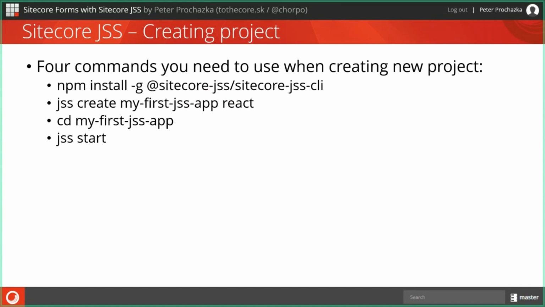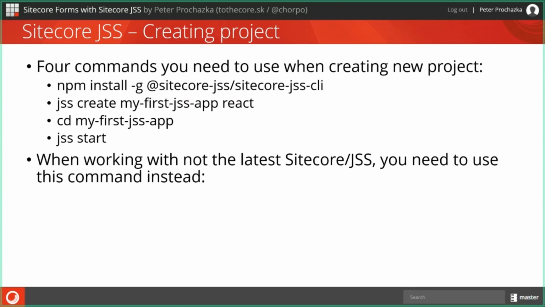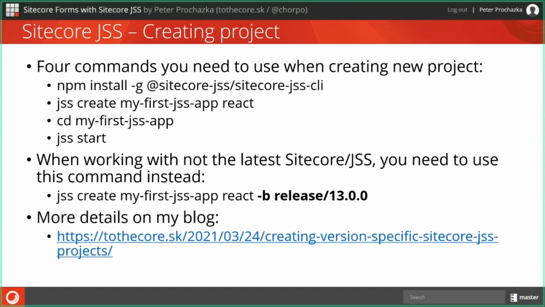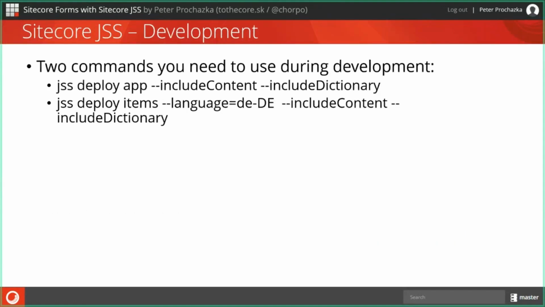This is basically how you start in the integrated mode. The second command can also be changed, and you can add the B parameter to specify precisely which version you would like to have, if you are not working with the latest version of JSS. You can also check my blog post for that.